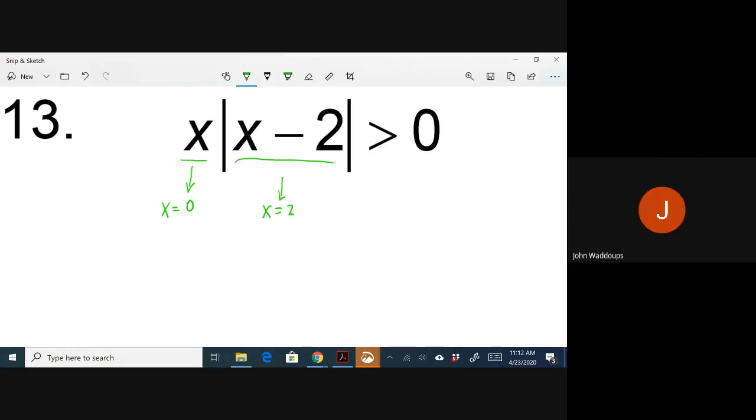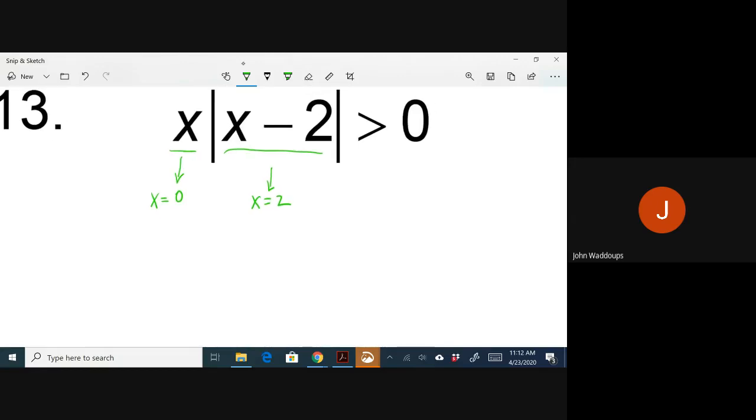Yep, x equals 2. And so then we draw out a number line. Put 0 and 2. Okay, so to the left of 0, we've got negative and then positive, positive.